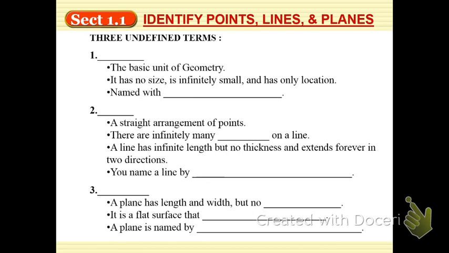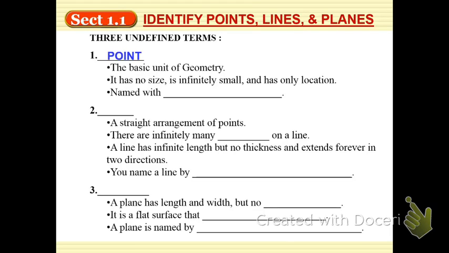He invented those ideas. Okay, so the point is the basic unit of geometry. It has no size, is infinitely small, and only has location. So I take this place in space, take my finger away, there's a point, okay? It doesn't have size, but it's a location in space.